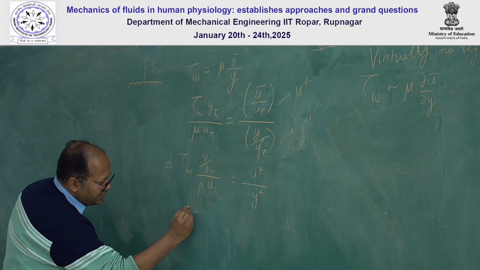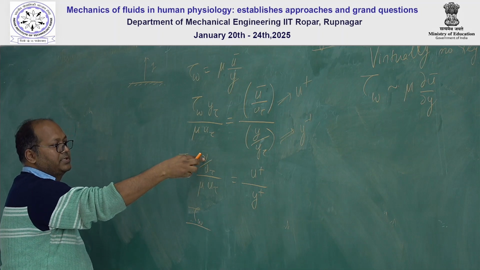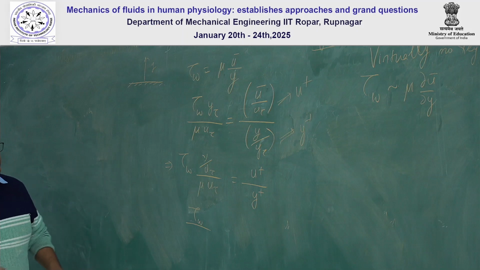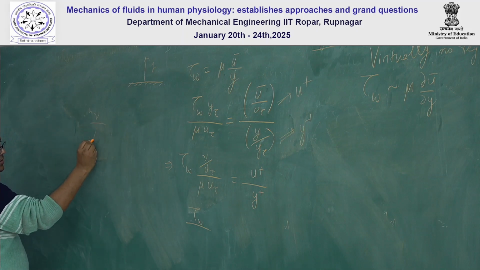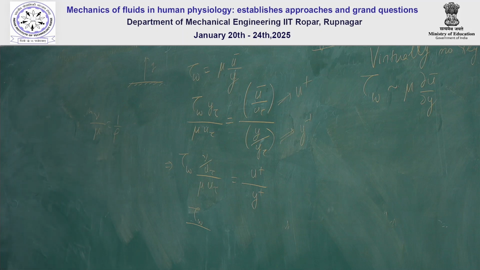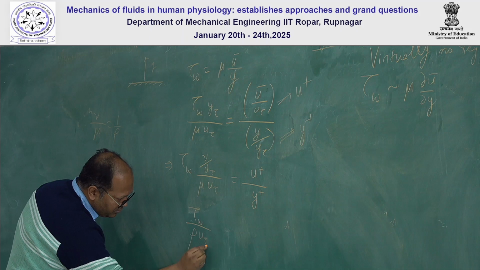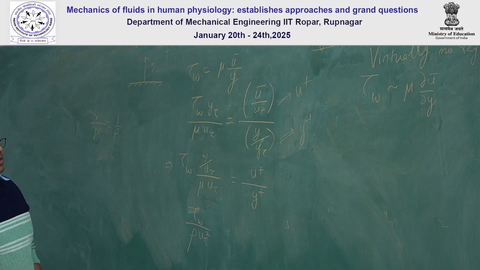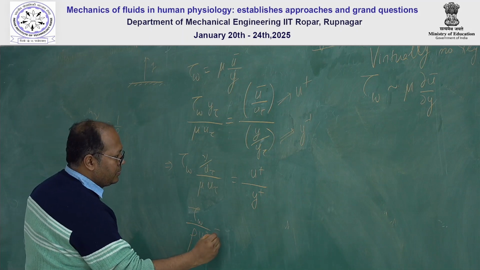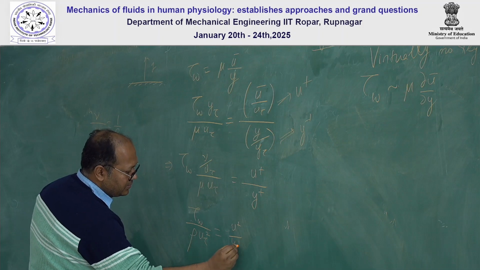So you can write here tau w by, please note, this is kinematic viscosity, this is dynamic viscosity. So nu by mu becomes 1 by rho, right? So then rho u tau square equals u plus y plus.